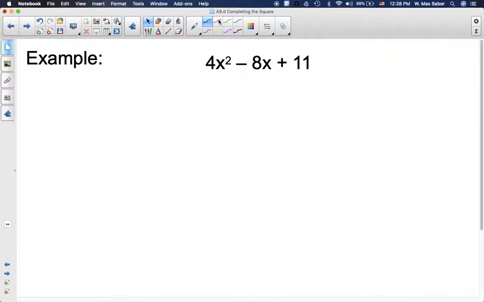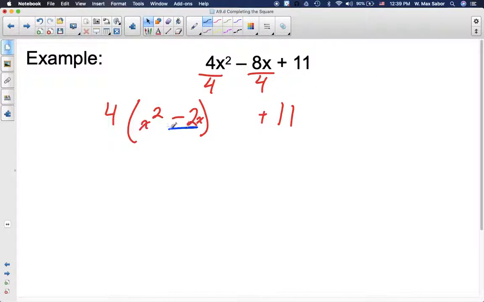Okay, here, because a is not 1, we have to get rid of that 4. The way we're going to get rid of the 4 is we're going to divide the first two pieces by 4, leaving us with x squared minus 2x plus 11. Now we can take that negative 2, cut it in half to get negative 1.